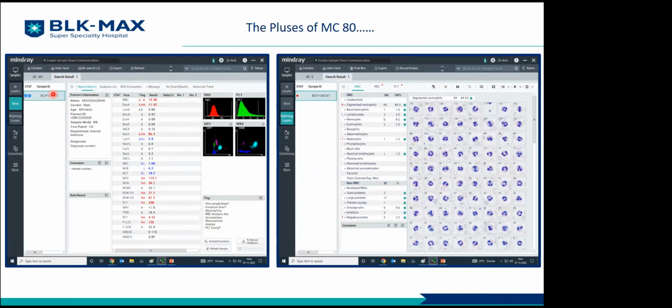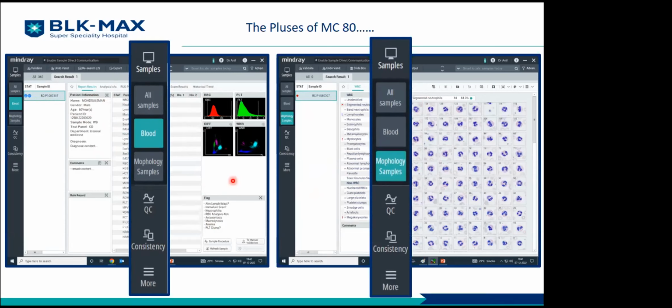If you see the sample ID here and here, it's exactly the same. And all this is possible on this parallel left side tray, where I can pick up. So if you want the data from the hematology analyzer, just click blood and you will get this data right on your screen. And if you want the data on the morphology, you can just click on morphology and you will get the entire morphological data.